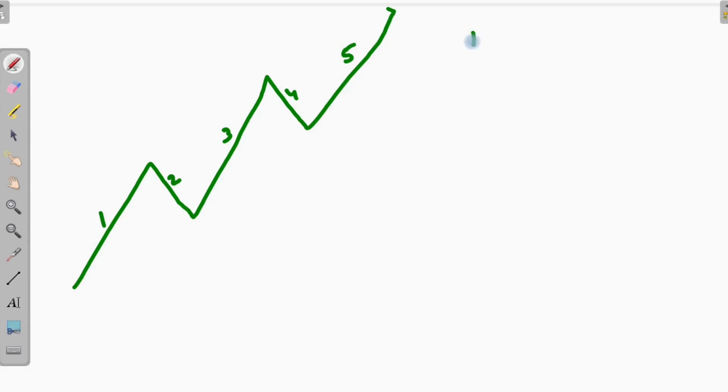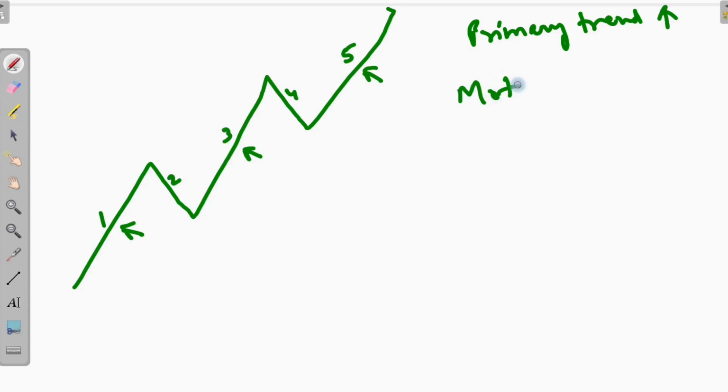So now the primary trend is on the upside. So wave 1, this one, wave 3, this one, and wave 5, this one. They're all on the upside. So these are all motive waves.